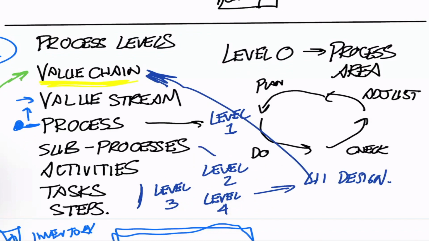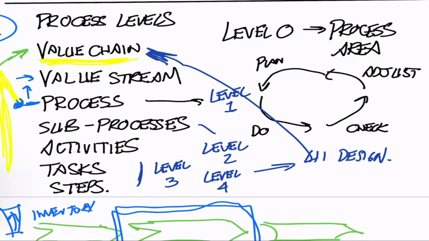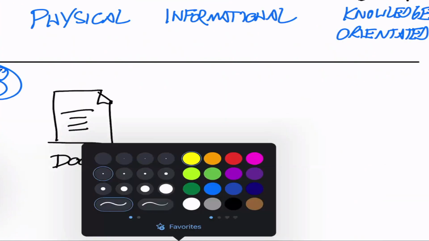The processes that are higher up on the scale tend to be more stable if you document them well. What you'll find down here is activities, tasks, and steps. Those can change quite often. Those get refined, and as they're smaller and down in the detail level, that tends to be what happens. So spend the time to get your value chain, value streams, and higher level business processes documented well so that your teams understand them.